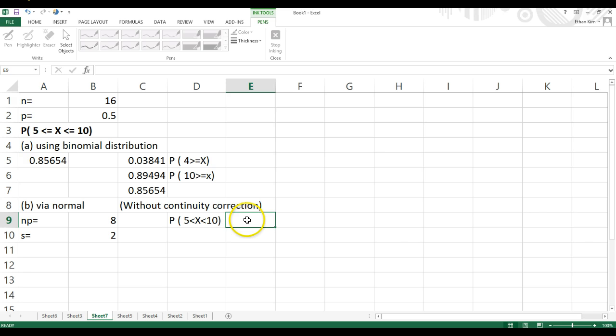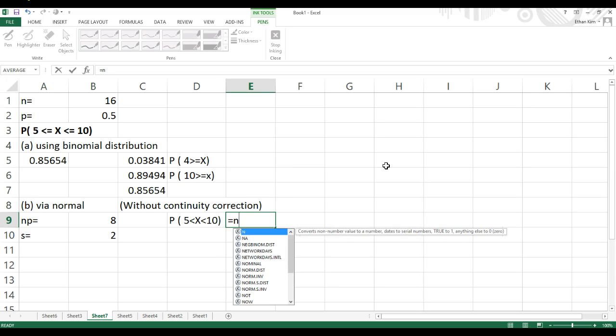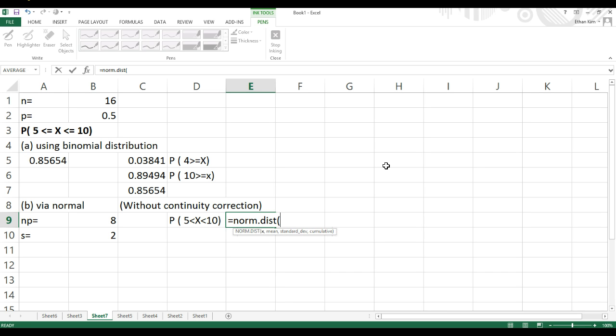It's almost the same, but it's going to be norm.dist, and this again gives you the cumulative distribution function, which means if you select a point, a number, it's going to give you areas under the curve up till that point.